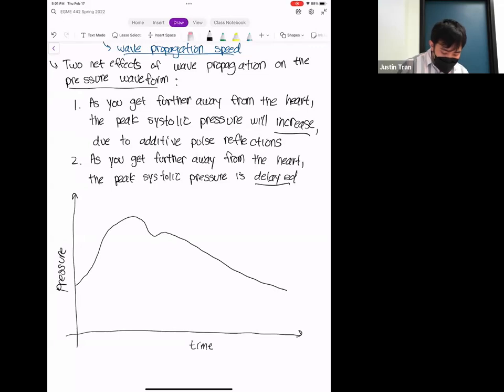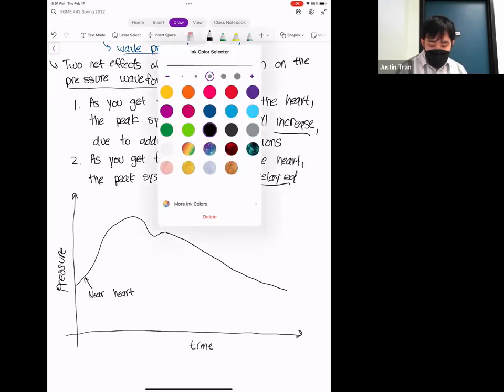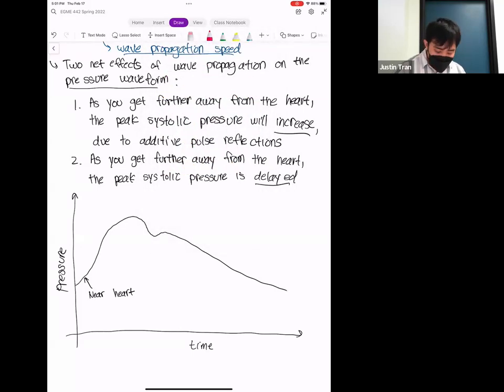And so in black right here, this is a pressure waveform near the heart. And if you compare that to a waveform further away from the heart, it would look something like this.